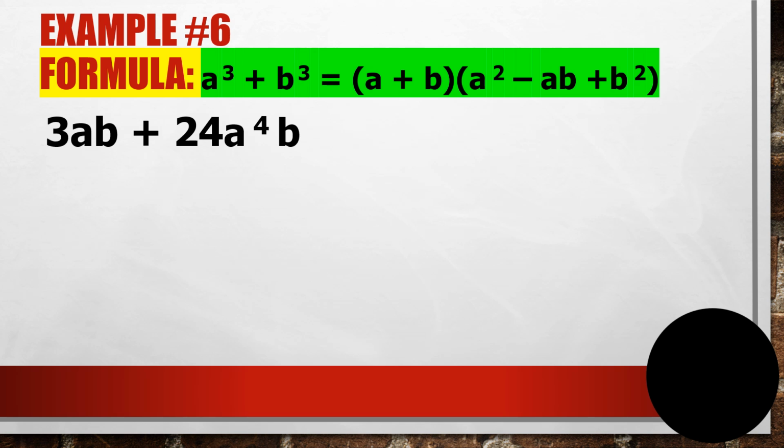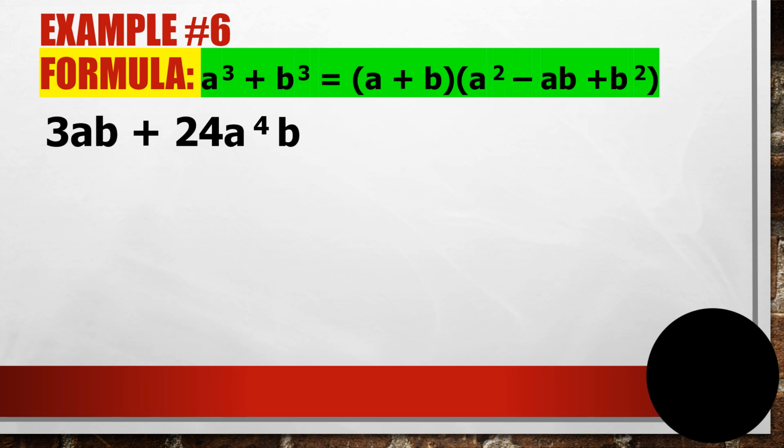Alright, example number 7. Now look at the given example. We have 3a plus 24a raised to 4b. Now, as you can see, the problem is not written in a cubic form.